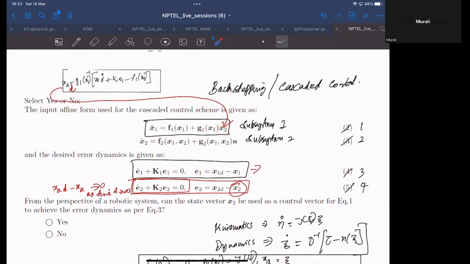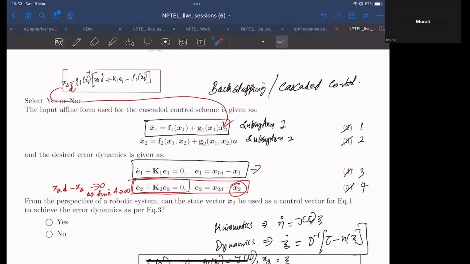But this should be this expression, and this cannot simultaneously be the state vector of the second subsystem. So this is basically an interim term, x2 desired.